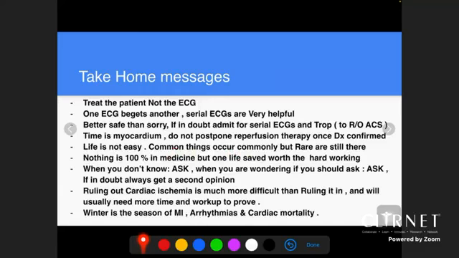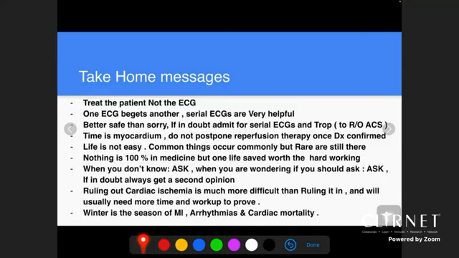Common things occur commonly, but rare ones are still there. So every day you are seeing the classic presentation, but at some point you will find a very abnormal ECG, a very abnormal presentation. From these cases, we continue to learn, and science also will continue to grow.